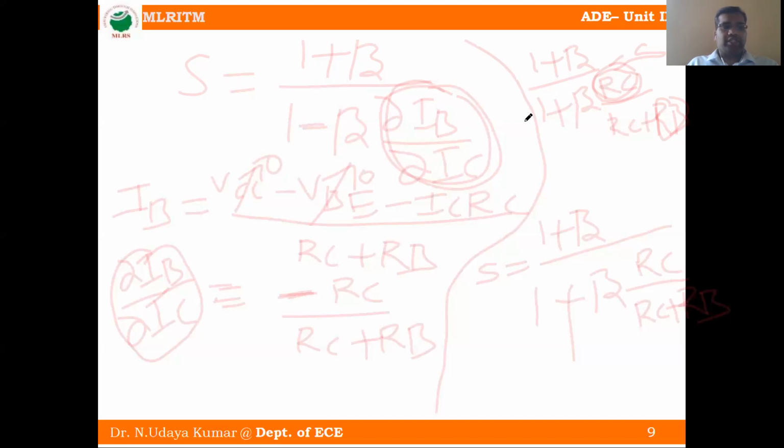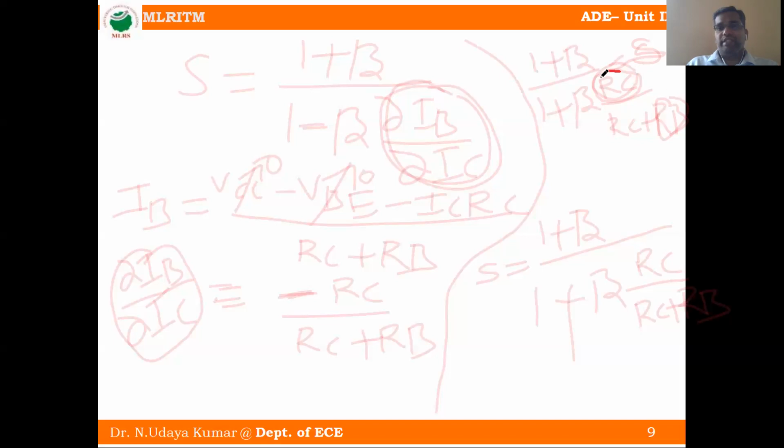So the stability factor is smaller than the value obtained by the fixed bias, only when we maintain the RC and RB values.